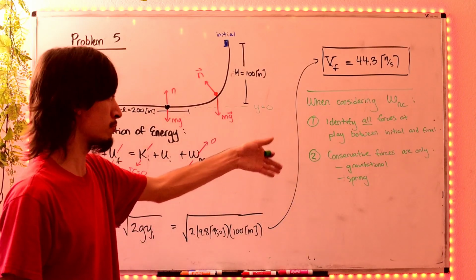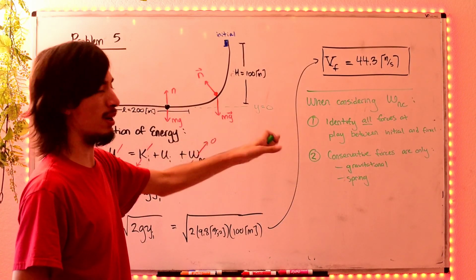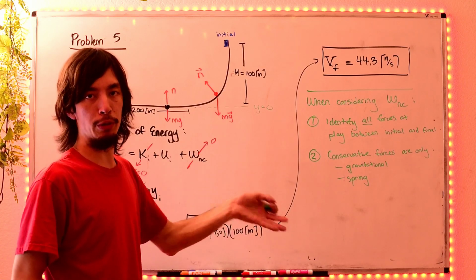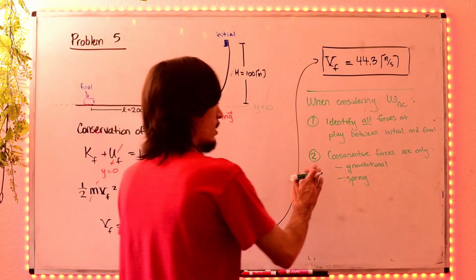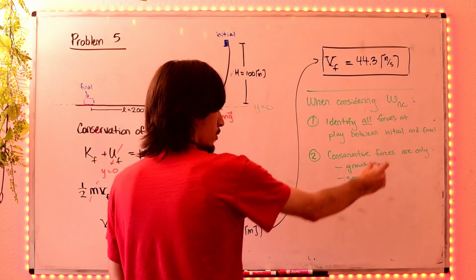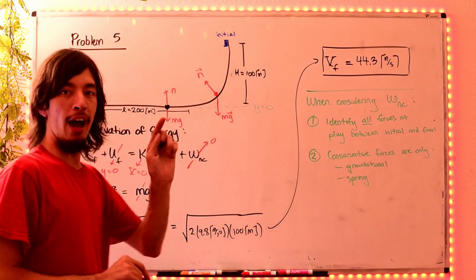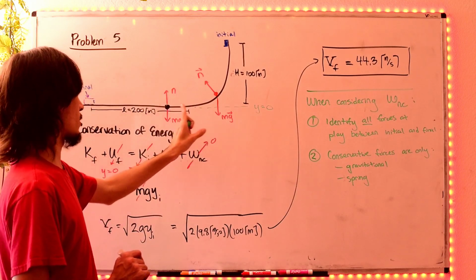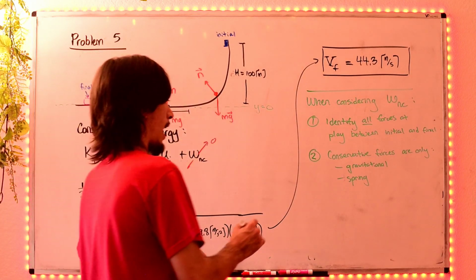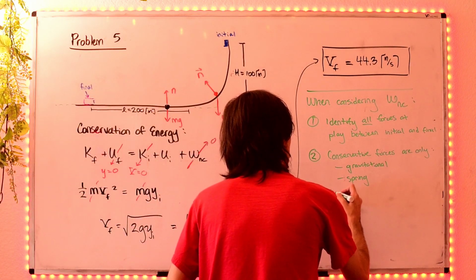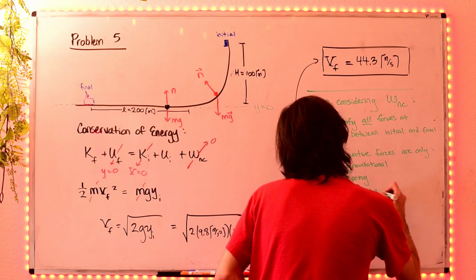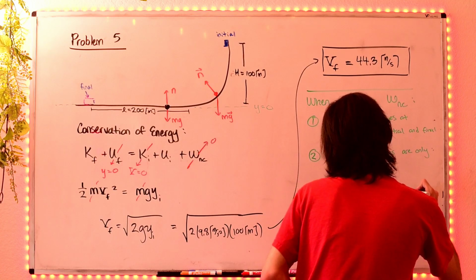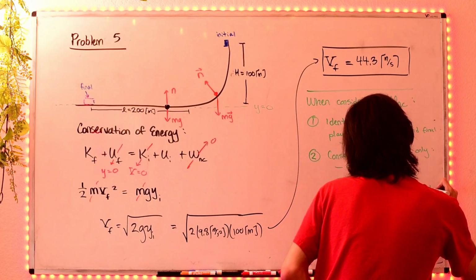There's technically something else that happens, probably not in this class, but if you go on further, you may run into one more conservative force, but we're not going to care about it now. Okay? So for the time being, it's those 2. In this problem, you have 1 conservative force. It is the gravitational force, mg. However, everything else is non-conservative. Okay.